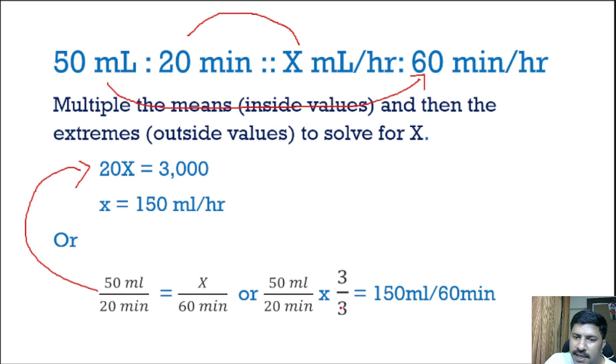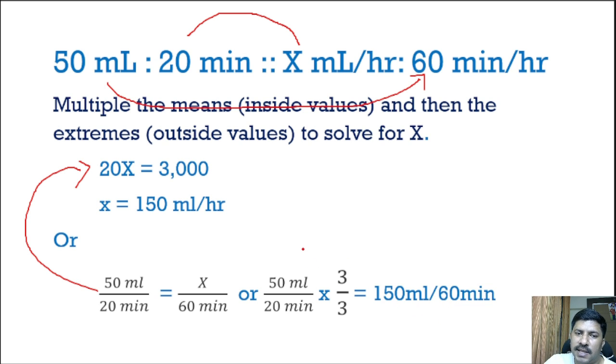By multiplying by 3 here, we need to multiply 50 ml by 3 also. Then the equation will be correct. So 50 into 3 is 150 ml, 20 minutes multiplied by 3 is 60 minutes. 60 minutes equals 1 hour. 150 ml per 1 hour.